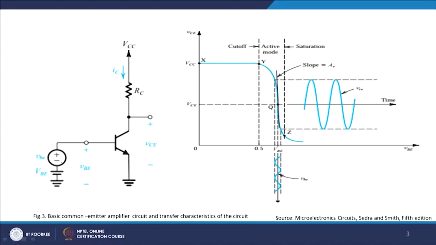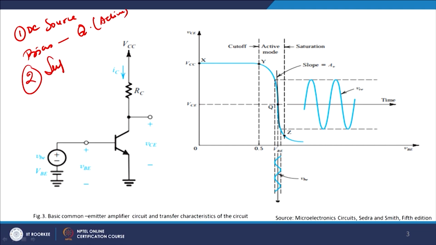So, I give an input. Let me recapitulate. First you insert a DC source and bias the device so that it is at the Q point in the active region for amplification purposes, and then superimpose the AC signal which you want to amplify.